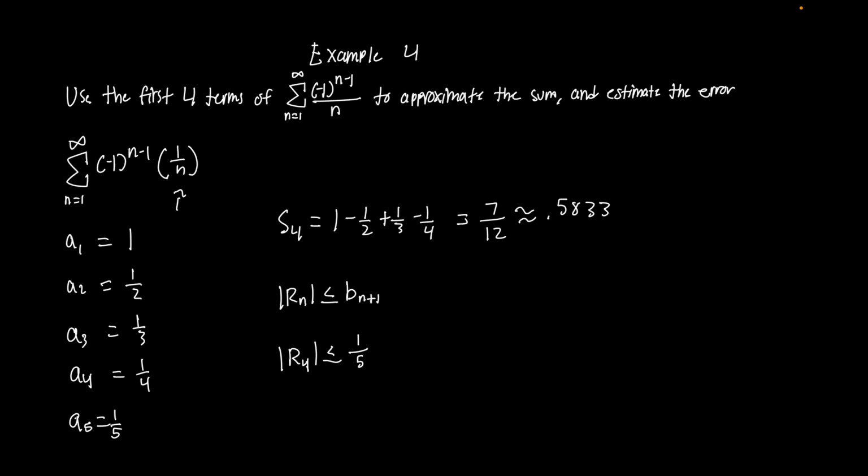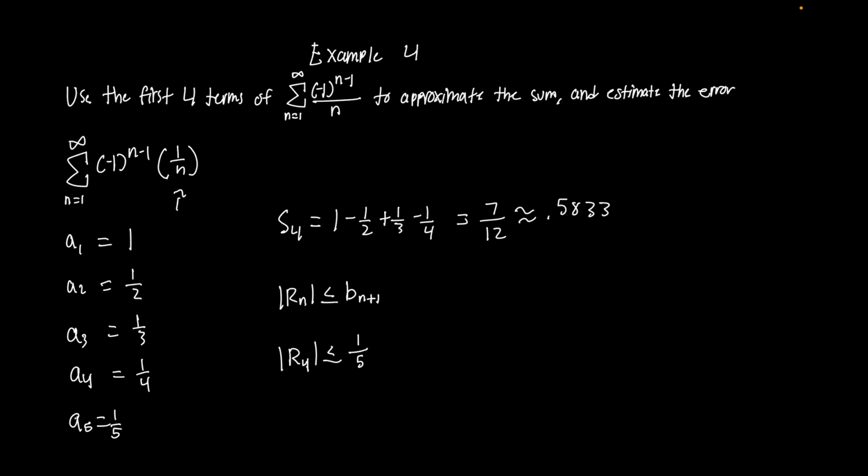So that's all it is. That's all you have to do. It's basically just saying that the error is always going to be less than or equal to the next term. Just remember to not plug in a 5 here. Instead, I write the 5 because that's the error for the 4th term. So we write 4 on the left, less than or equal to, and for the n plus 1, we add the 5.